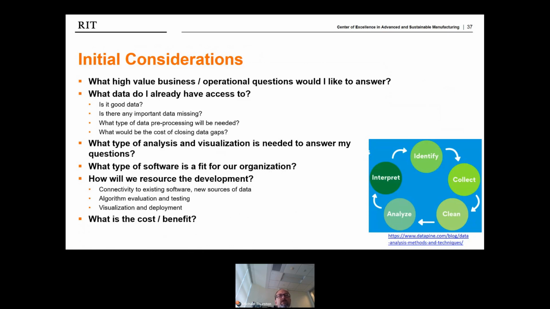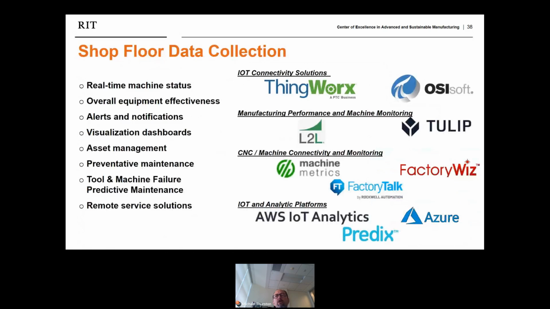aspects of these questions. At the shop floor level, there are many types of software that can support improved data collection. The next webinar on Industrial Internet of Things will cover this area in a bit more depth. There are two main classes of things covered here: machine connectivity and machine monitoring, which support some level of machine preventive maintenance and operational effectiveness tracking, and manufacturing execution systems represented by L2L and Tulip that provide broader insight into shop floor operations and operator effectiveness.